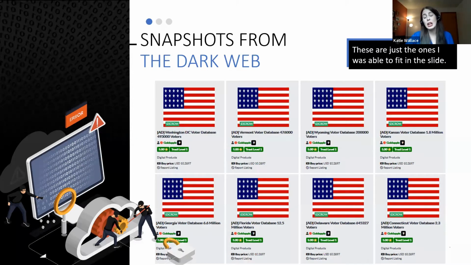Again, this database included full name of the voters, their date of birth, home and mailing addresses, phone numbers, demographic information, and even whether or not you were on the do not call list. Again, with election season coming up in full force, with things being definitely different this year from COVID-19, I wouldn't be shocked if we hear about other data breaches stemming from the election.